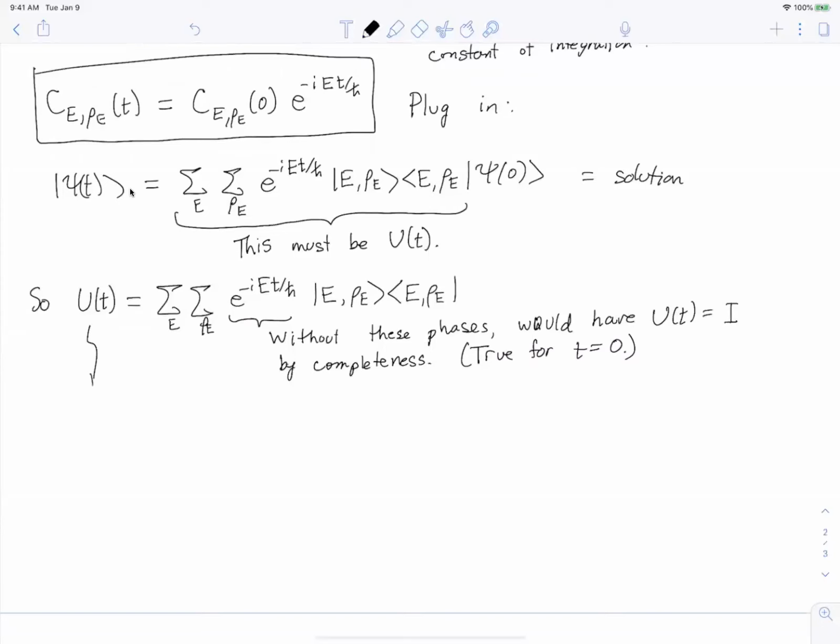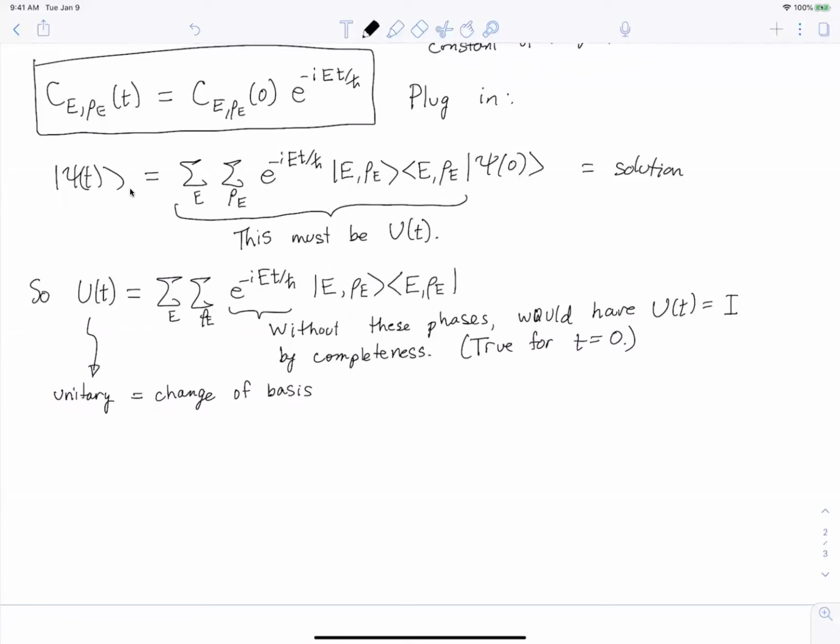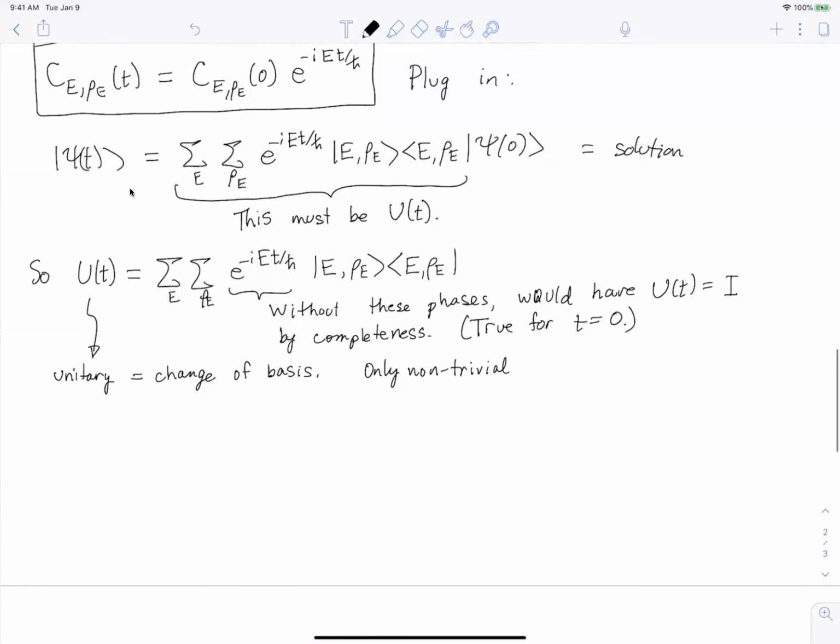But that makes sense. That's saying that at time t equals 0, psi of 0 is psi of 0. Okay, but the fact that this is unitary means that it's a change of basis. And so time evolution in quantum mechanics you can think of as being a change of basis, which is only non-trivial because of these phases. And in particular, the phases are only non-trivial because they're different for different energy states.